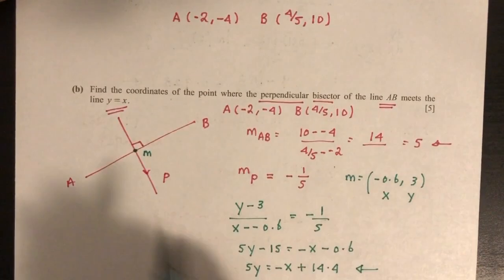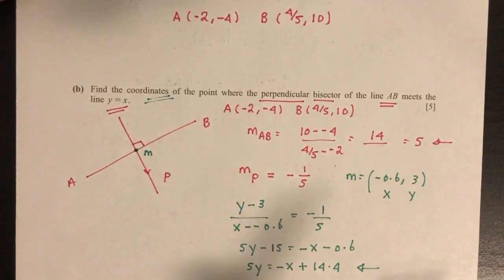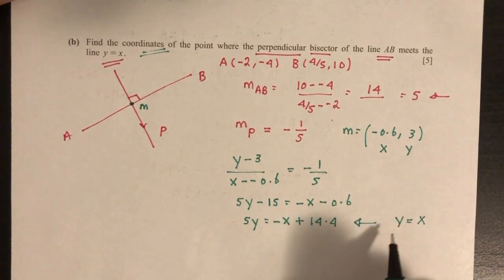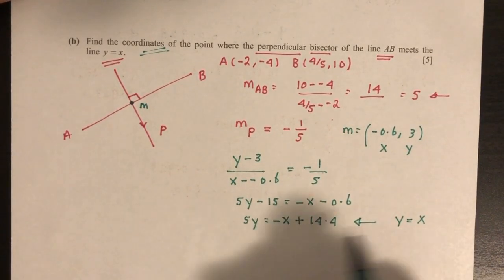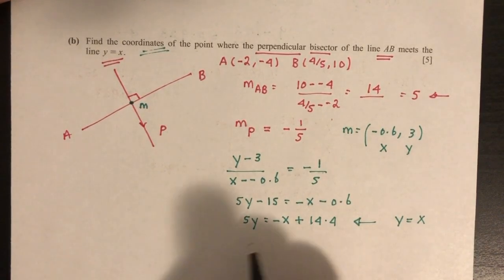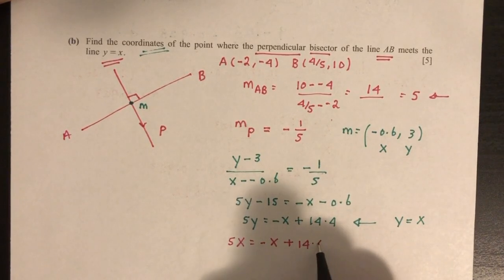Now you have to find the coordinates of the point where it meets the line x equal to y. We have to see where they meet, so we can replace y in this equation. Since y equal to x, we have 5x equal to minus x plus 14.4.